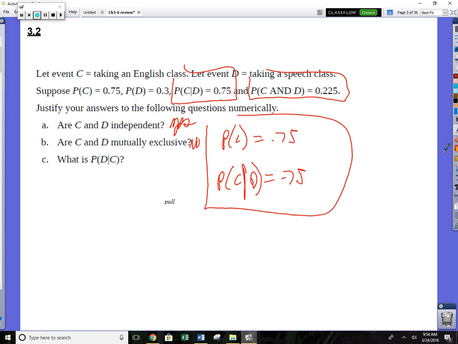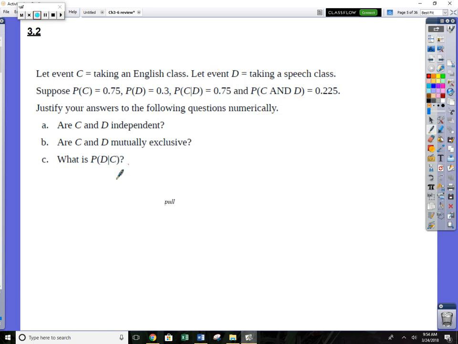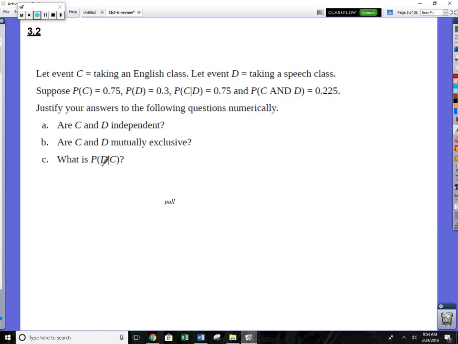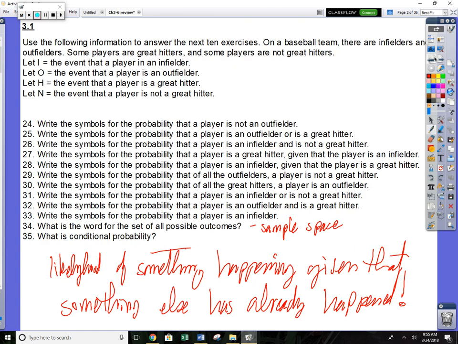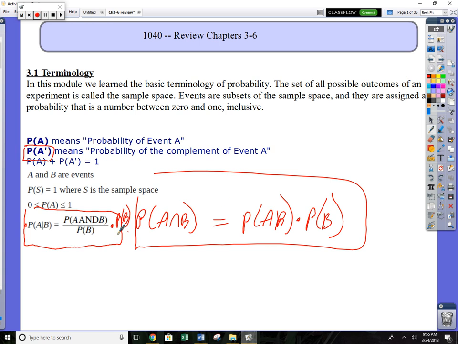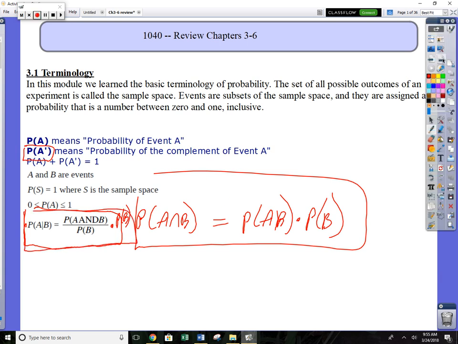Now C, what are the chances of taking a speech class given that you're in an English class? And if you look up here, that's not given, so we gotta kind of find that ourselves. So now we're gonna go back and use from 3-1 this trusty formula right here. So we're gonna use this guy.